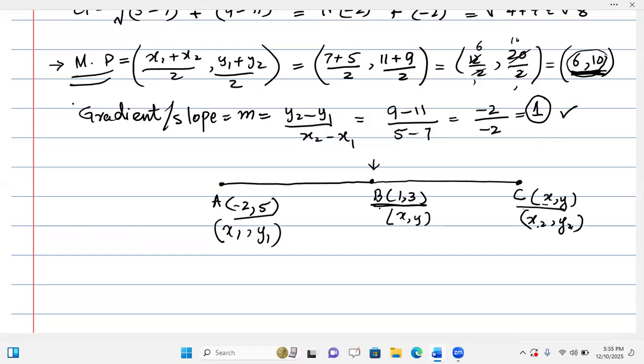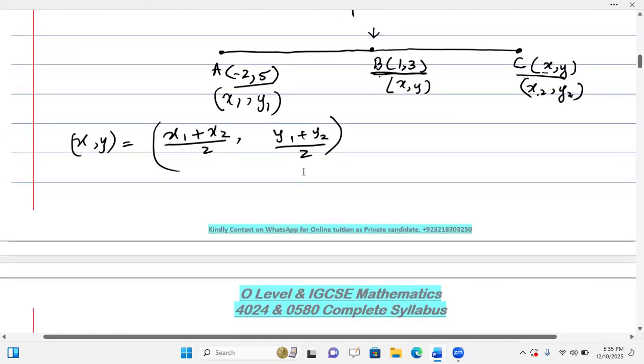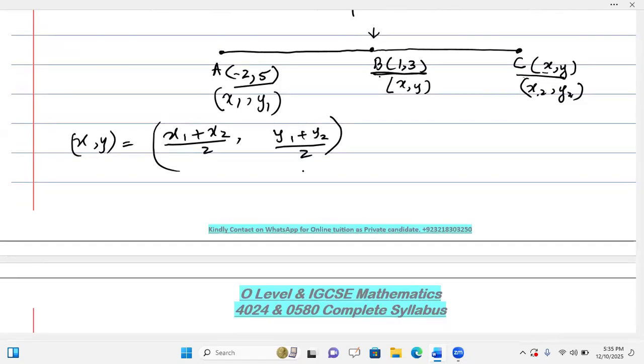Just implement the formula: x1 plus x2 over 2 comma y1 plus y2 over 2 is equal to x comma y, and x comma y is provided. So in that case, let's do it. XY is given.